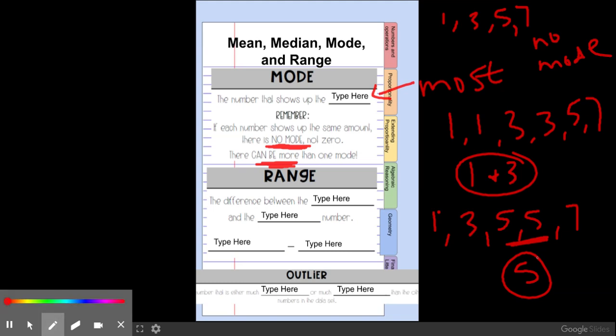All right. The next one on here is what is called the range. So the range is the difference between the largest number and the smallest number.